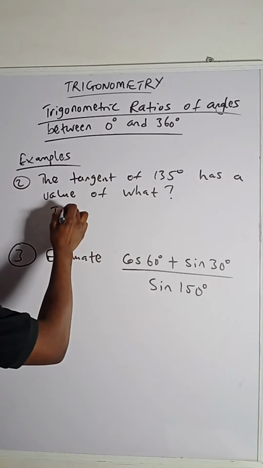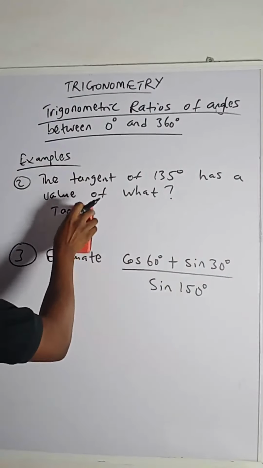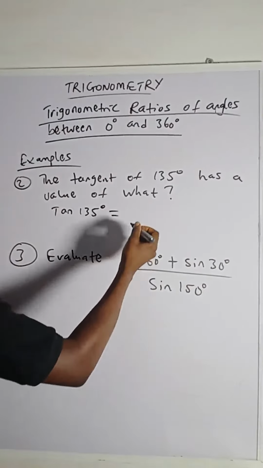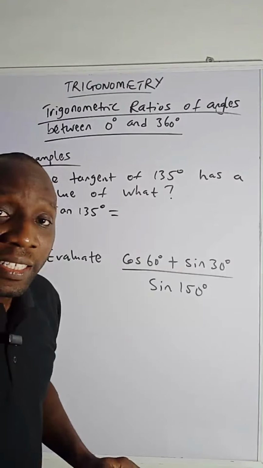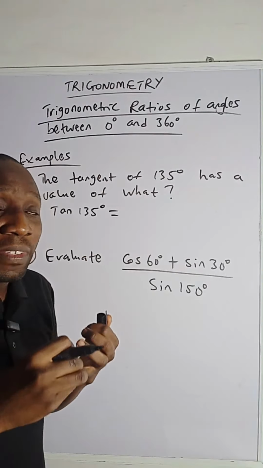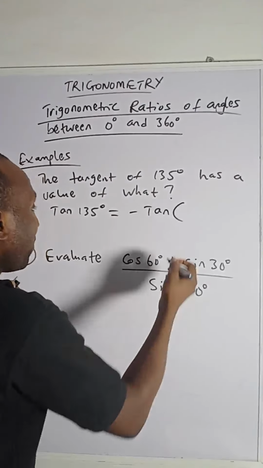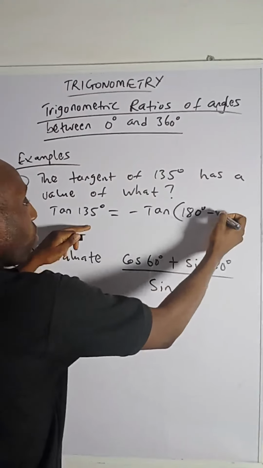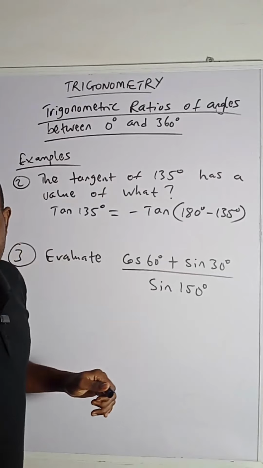So tan theta, which is tan 135 degrees, will be equal to what? This is in the second quadrant, and tan is negative. The only trig function that is positive is sine. So you have minus tan, in bracket, 180 degrees minus 135 degrees. I'm trying to get the reference angle.